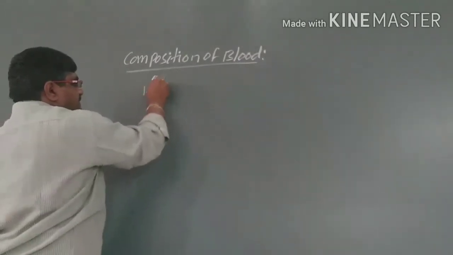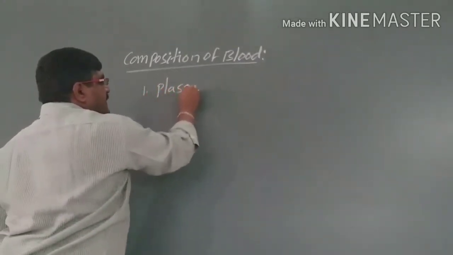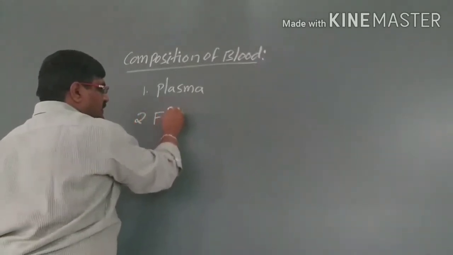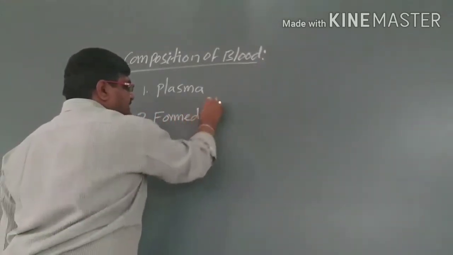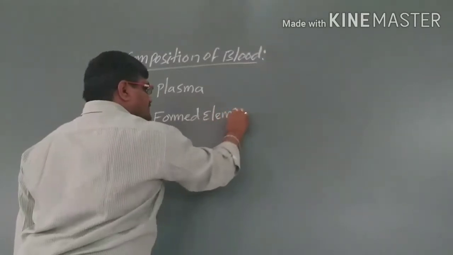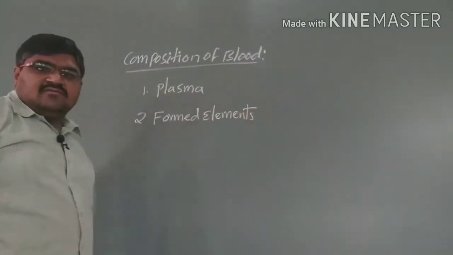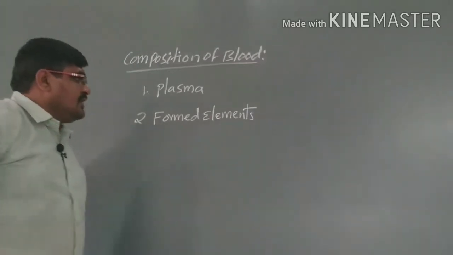One is called the plasma, and the second one is called the formed elements.